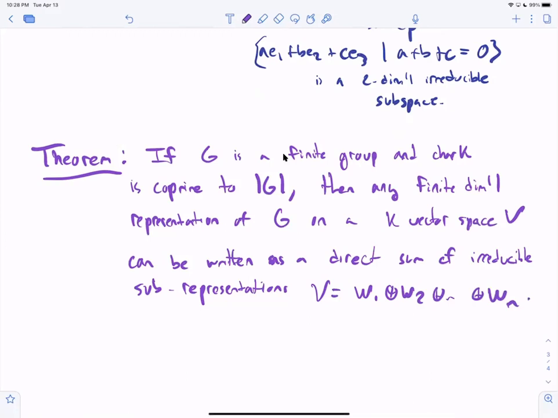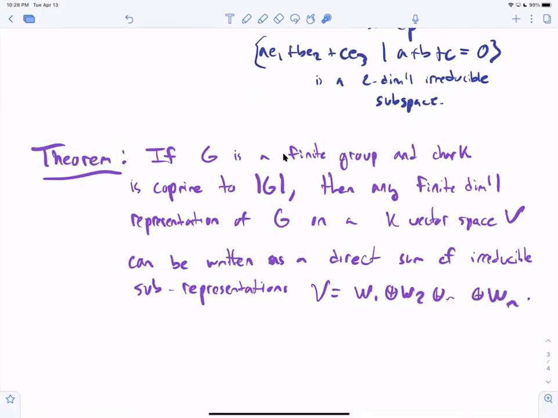Just like what we had for G-sets, where a G-set could be broken up into a disjoint union of transitive G-sets, every representation, under conditions relating to the characteristic of the field and the order of the group, breaks up. We'll usually just work in characteristic 0 anyway, but I wanted to state this in full generality. Under these conditions, any representation breaks up as a direct sum of irreducible subrepresentations. Moreover, as we'll see, there's some uniqueness to the statement.